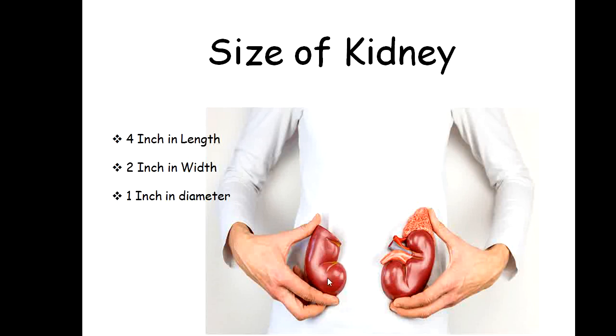The length of the kidney is roughly 4 inches, not exactly. The width is roughly 2 inches, and the thickness is 1 inch.